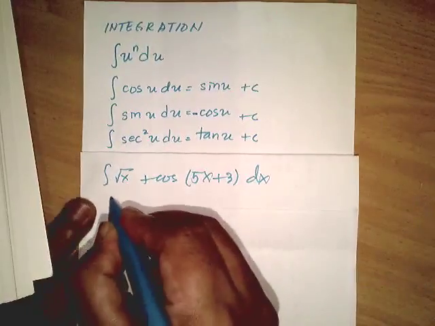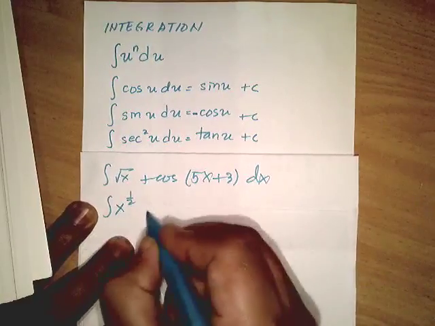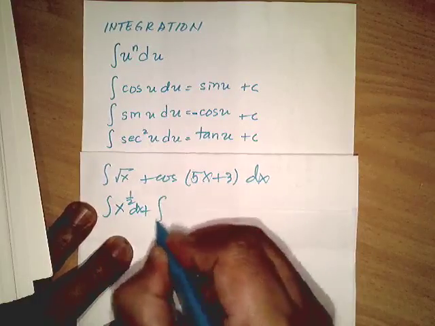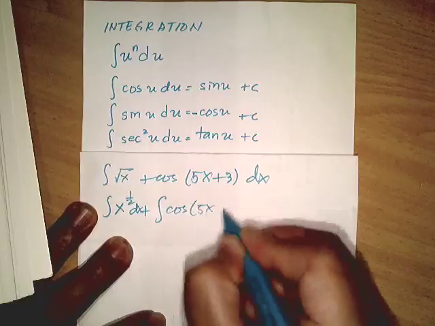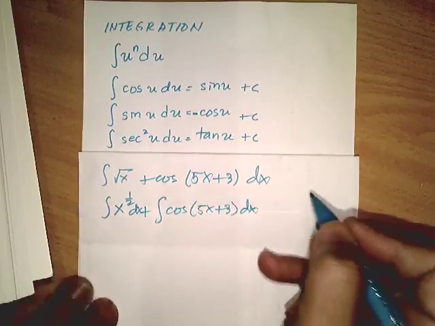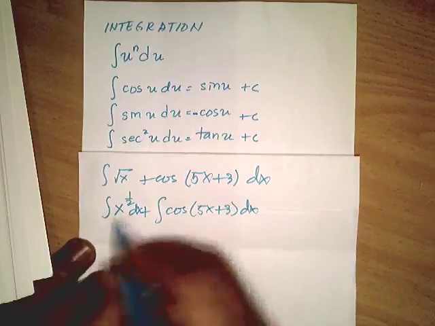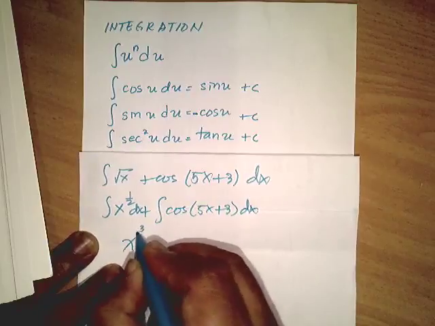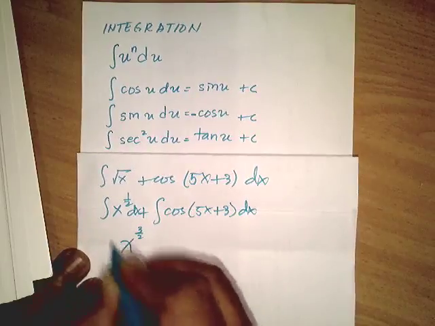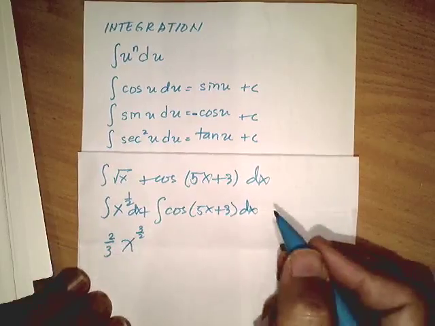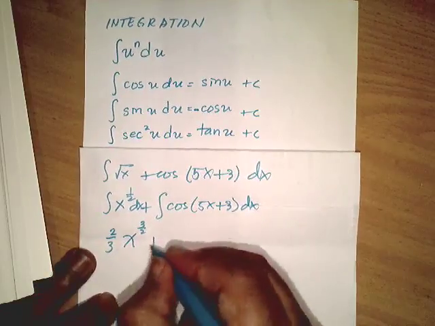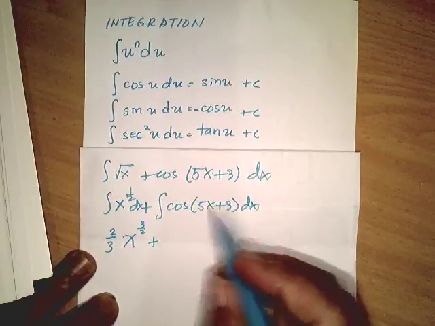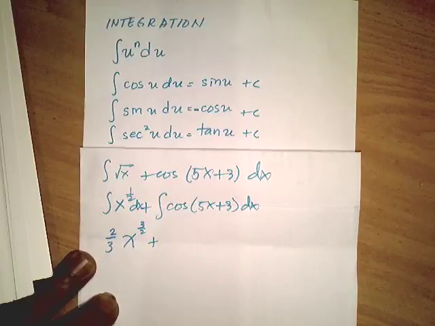You can rewrite this as the integral of x to the 1/2 plus the integral of cosine 5x plus 3 dx. The integral of x to the 1/2 is x to the 1/2 plus 1, which is 3/2. Divided by 3/2, I can simply multiply by 2/3. Plus the integral of this one. Here your u is 5x plus 3, so let's do that step by step.